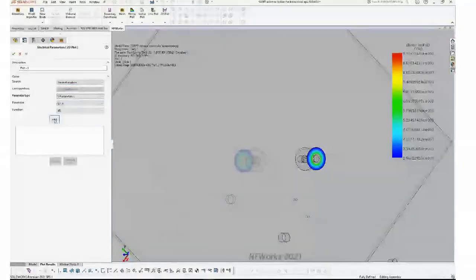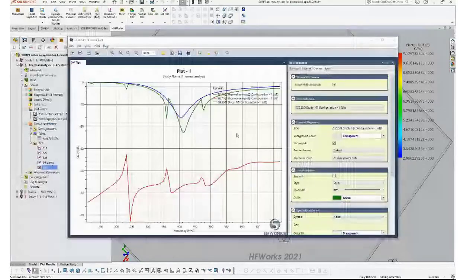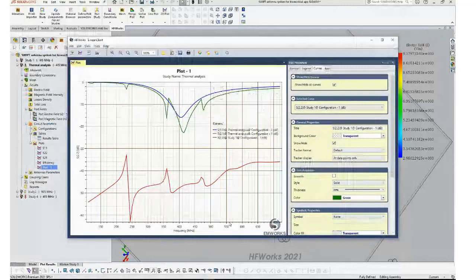I can add it in dB, and I can do the S21 in one chart. I can go and bring another one from, let's say, study 1. I can add S22 from that one, or any parameter. When you say okay, you get this superposition of plots.